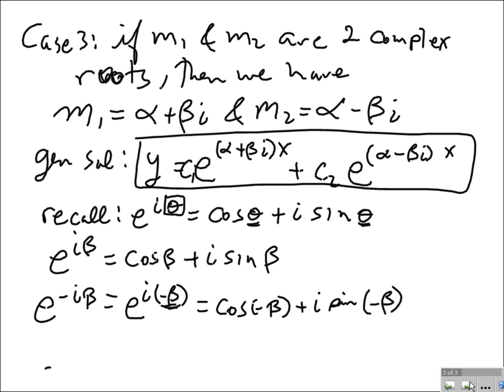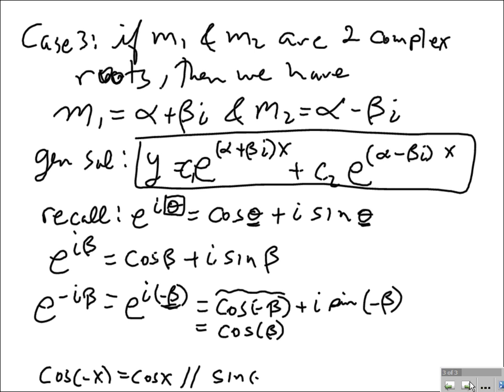But you should remember that the cosine of the negative angle is just the cosine of the angle. That is, this piece here is just cosine of beta. You should also remember that the sine of the negative angle is equal to the sine of the angle, but the minus comes in front.